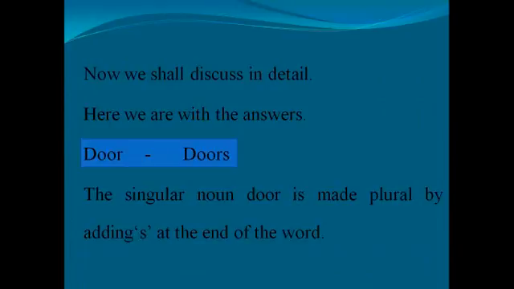Now let us see in detail. Here the answers do become doors. Why? Because the singular noun door is made into plural by just adding S at the end of the word. The next question is bench.